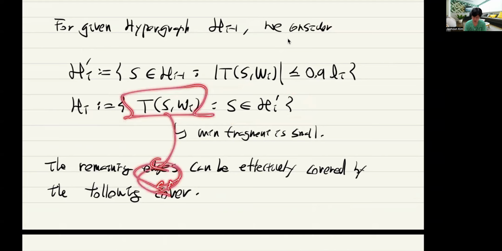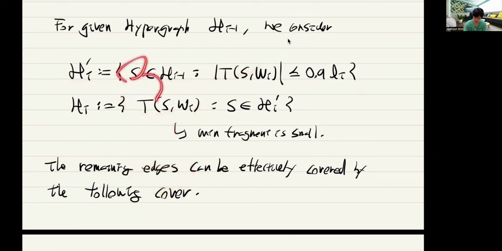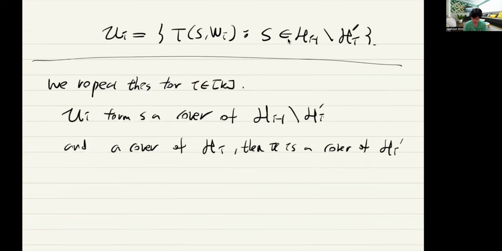That means it's covered. And that naturally provides that this is also a superset of something here. So that provides a cover. So for each F, there is a subset of S here, then this has a subset in this cover. So any cover of H_i is a cover of H'_i.